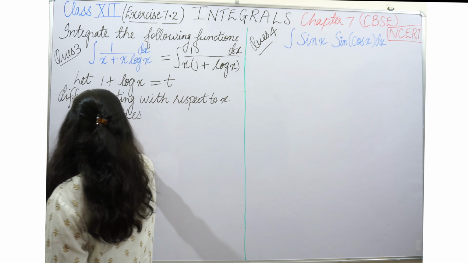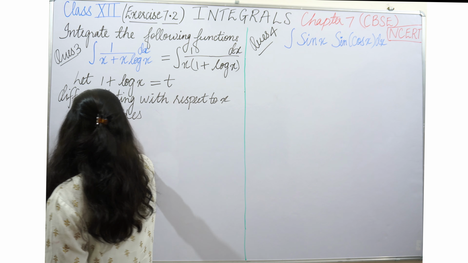So now let us integrate this. This becomes quite easy. 1 upon t, when we integrate it, we will be getting log t, because we need to integrate in terms of t itself. So it will be log t plus c. Okay. So our answer cannot be left in terms of t, because in the question they have asked in terms of x.